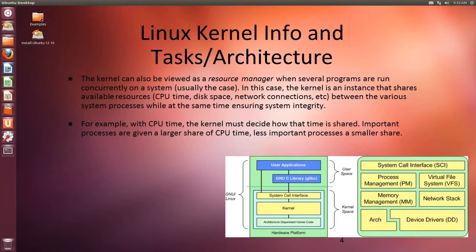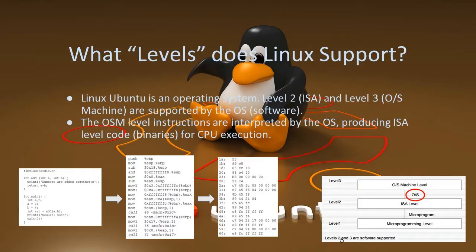And on to slide 5. What levels does Linux support? Linux Ubuntu is an operating system, so level 2, the ISA, and level 3, the operating system machine level, are supported by the operating system, which is just very particular software that does a very important job.